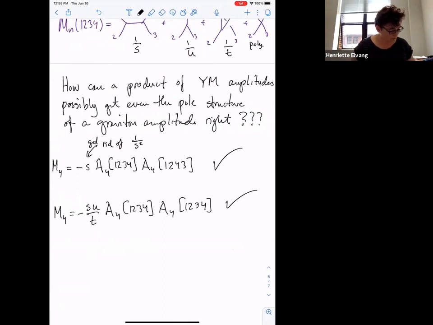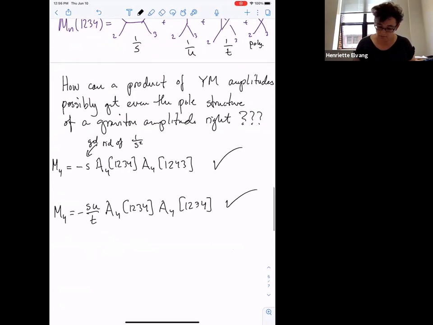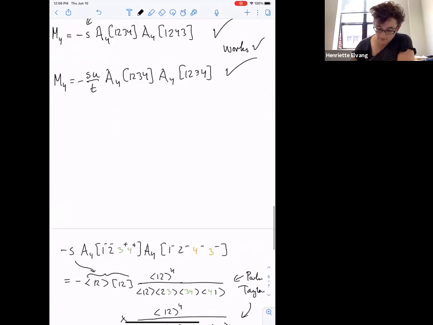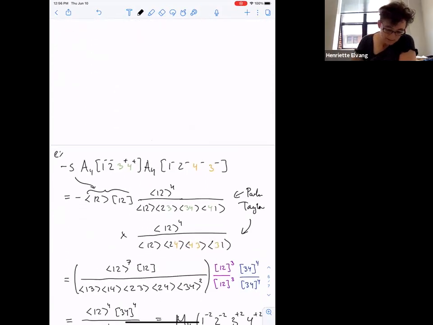Okay, so you might wonder now that we see that this actually works and computes the right amplitude, how can it possibly work with both of these formulas? So, sorry, can I ask quickly? It works for these particular helicities, or does it also work? Exactly. So I showed it just here as an example for particular helicities, but it actually works for all choices of helicities.